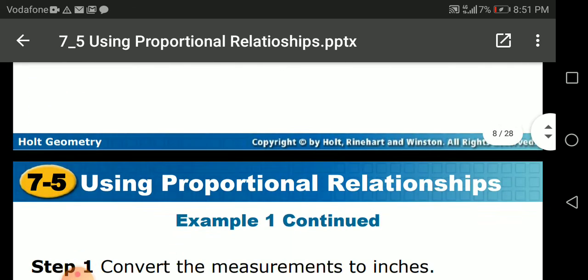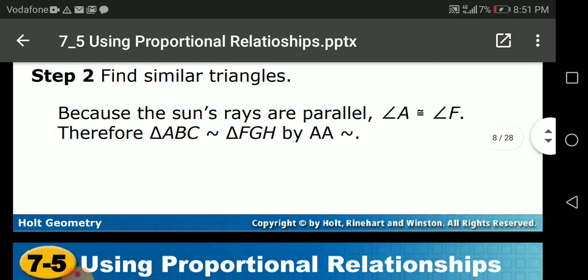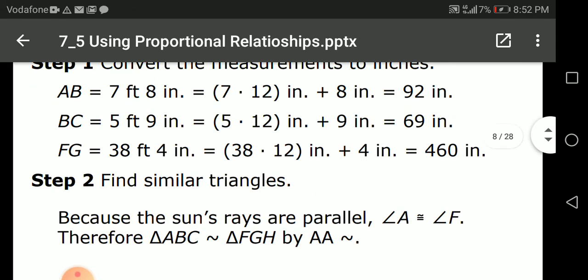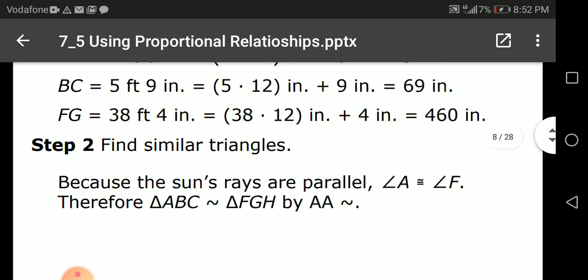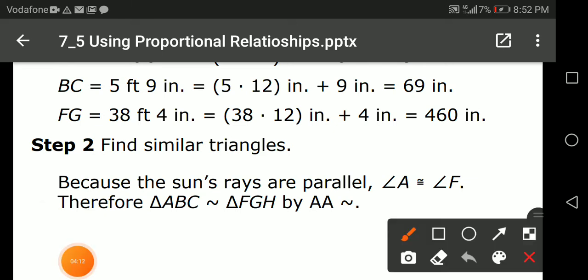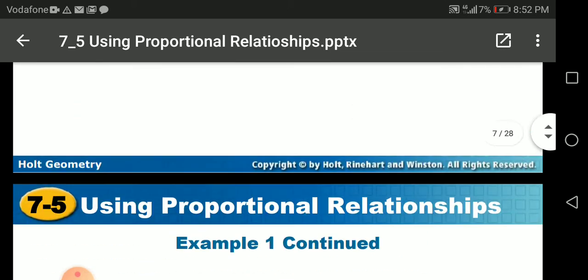So we have congruent angles inside the two triangles ABC and FGH. Not only that, we also have AA similarity. What's AA similarity? Two angles.